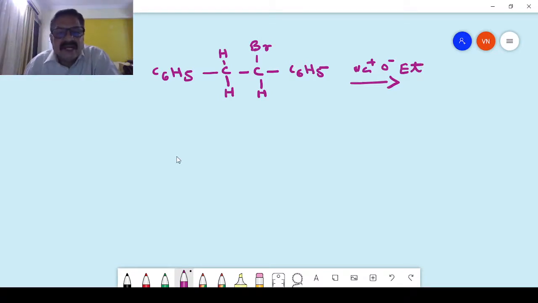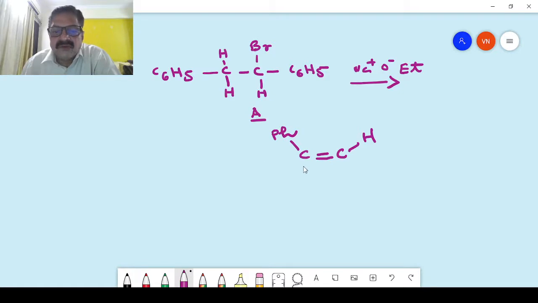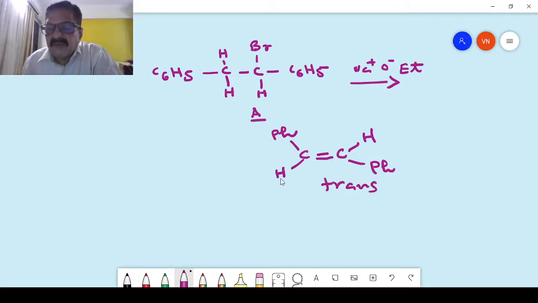So this is our alkyl halide, say A. It will give two different types of products, that is the trans alkene and the cis alkene. Let us see which will be the major product. Ph is the phenyl group here. This is the trans alkene, and it is the major product because the major product is the more stable one.